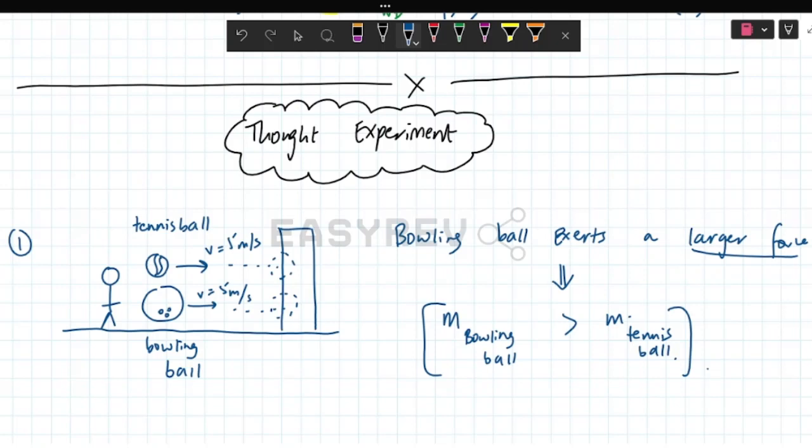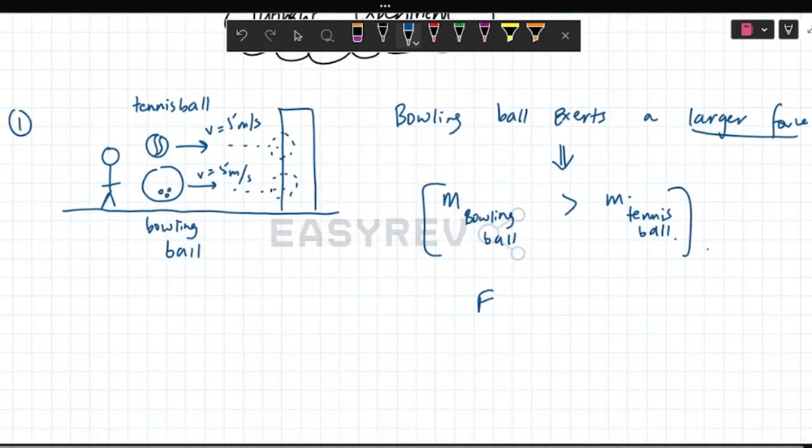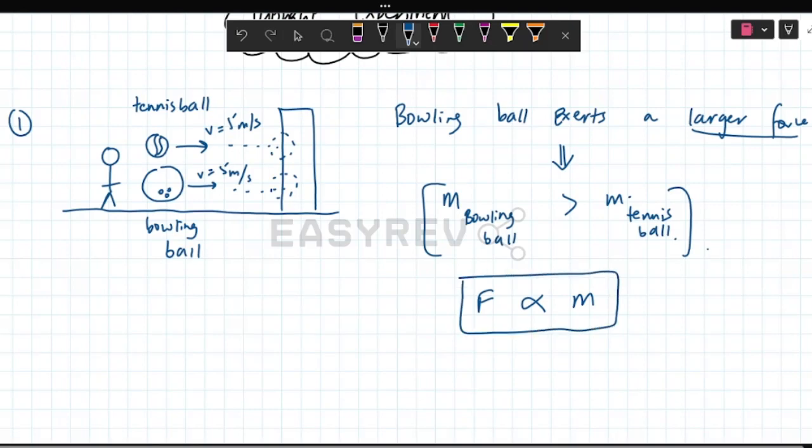You could say that the tennis ball exerts a smaller force because of its smaller mass. This tells you a relation between force and mass. That is, that the force that the ball exerts upon collision happens to be directly proportional with the mass of the object that is colliding. The more massive the object is, the larger the force exerted will be upon collision, and vice versa.